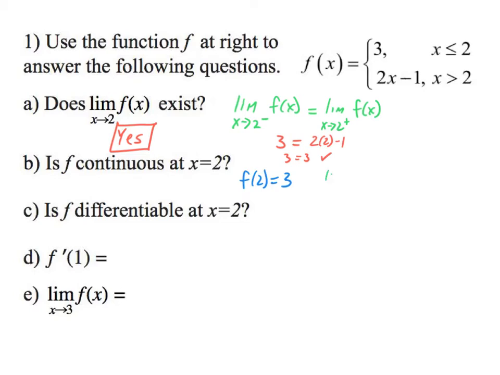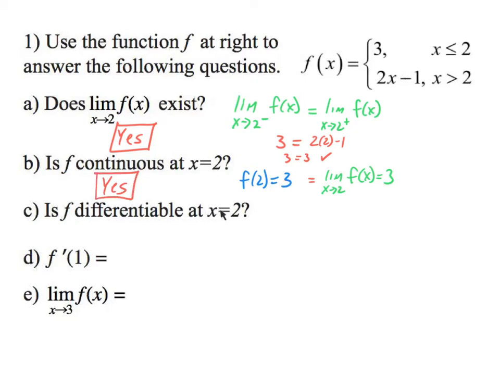The limit as x approaches 2 of f of x equals 3. So does the value equal the limit? Yes, those are equal to each other. So yes, it is continuous at 2 by the definition of continuity.